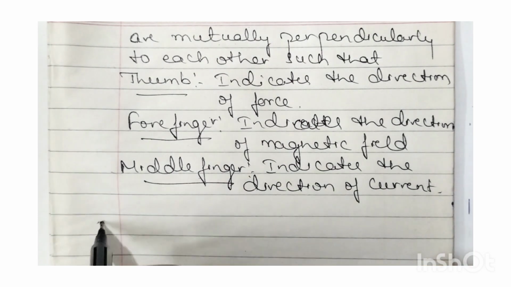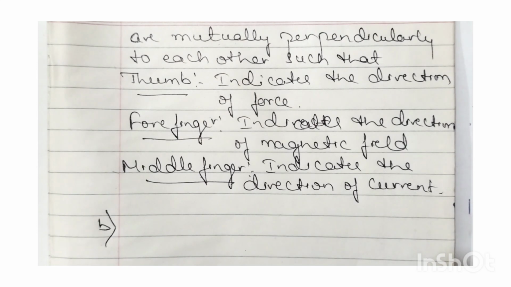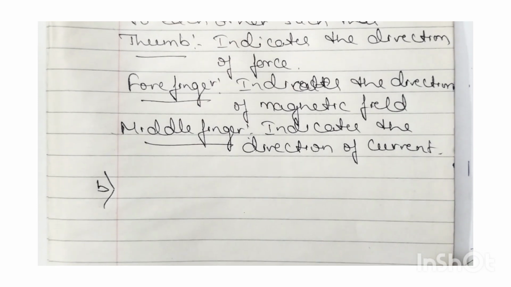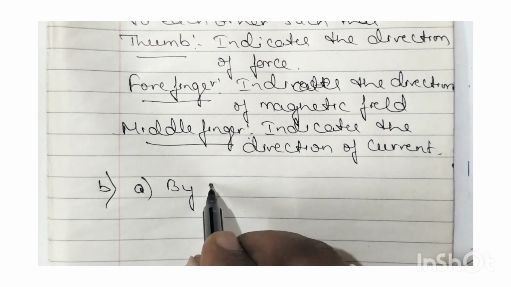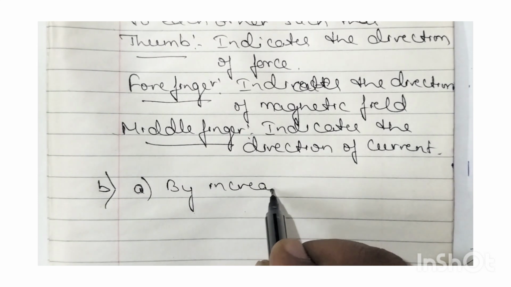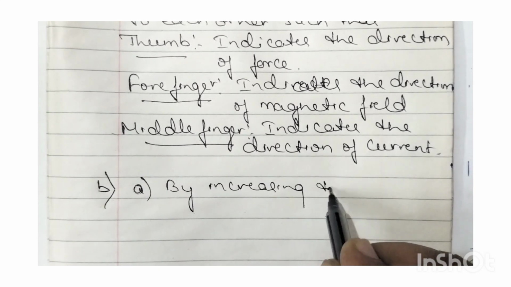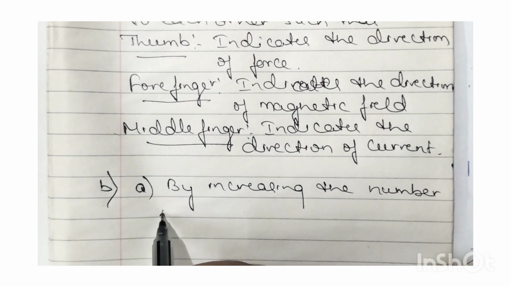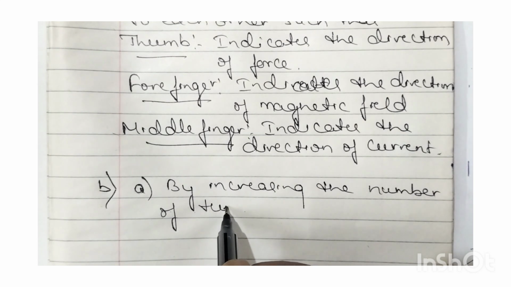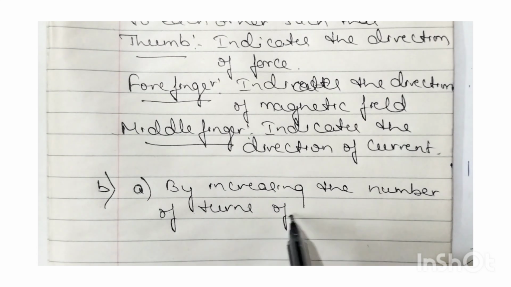Then the second question, B, is how can we increase the amount of electric current produced in the electric generator. It can be increased by increasing the number of turns of the coil.